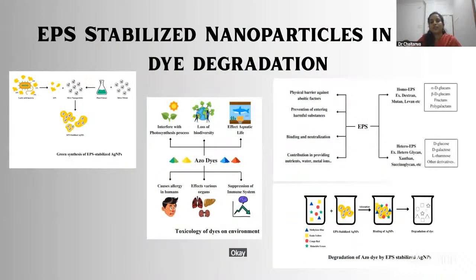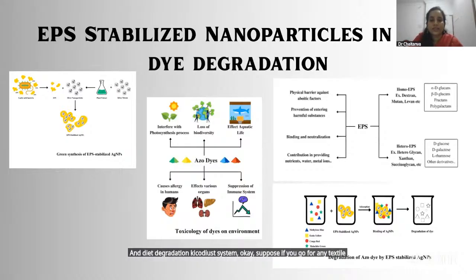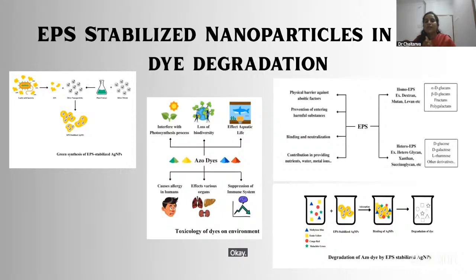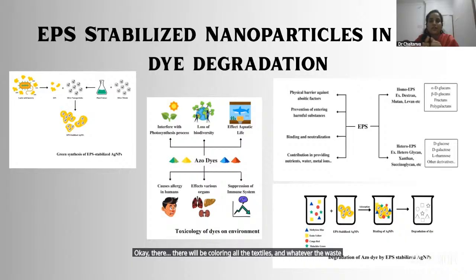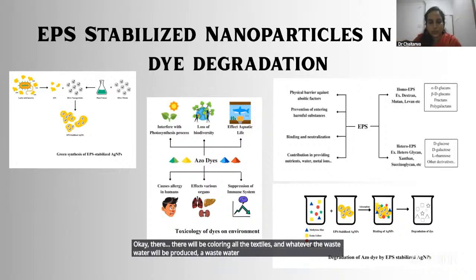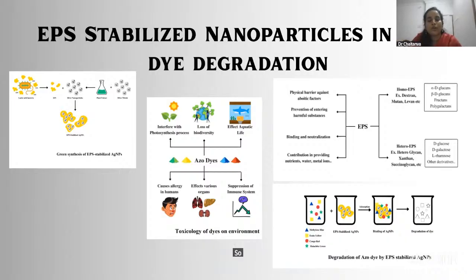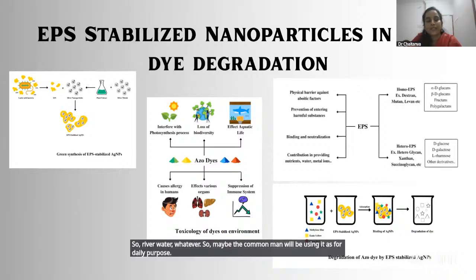Okay, the other application I tried is that the nanoparticles produced from the waste material we also used for dye degradation. Suppose if you go to any textile industry, there will be coloring of all the textiles, and whatever waste water is produced, that waste water is released into rivers. So that river water, maybe the common man will be using it for daily purposes, or they may use it for drinking purposes.